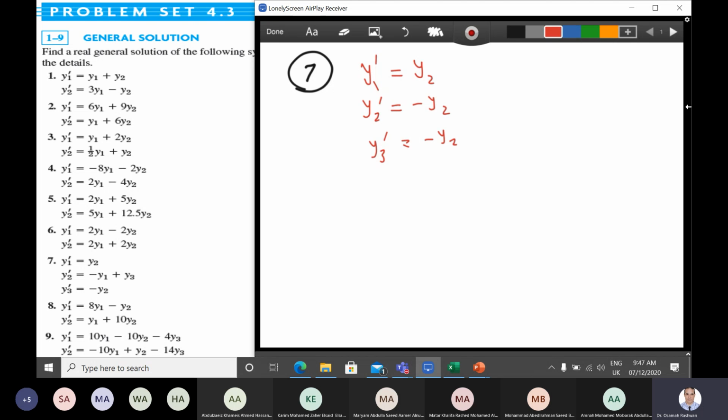And y2 dash, I missed y3 here. Okay. Now this is a system of differential equations.